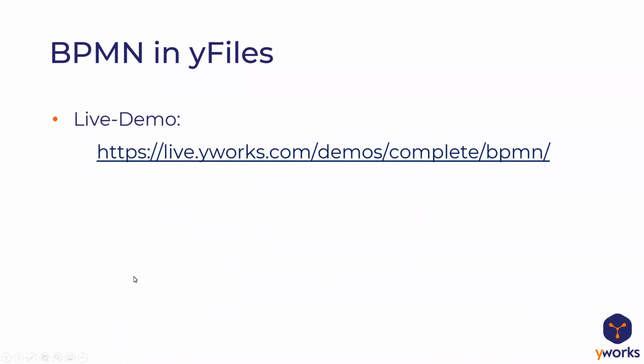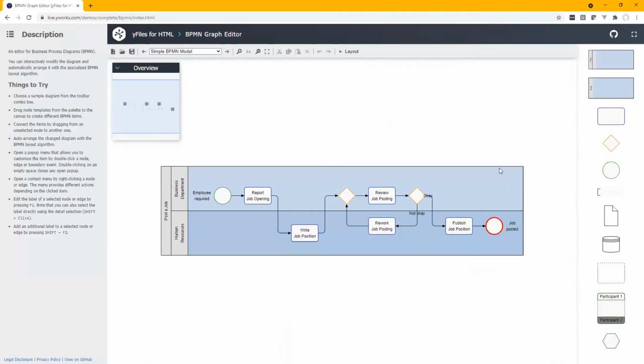So to give you a good view on the different features, I'll give you a short example in our live application demo. What you can see here is the BPMN editor implemented with yFiles for HTML, which can be accessed on our live server.